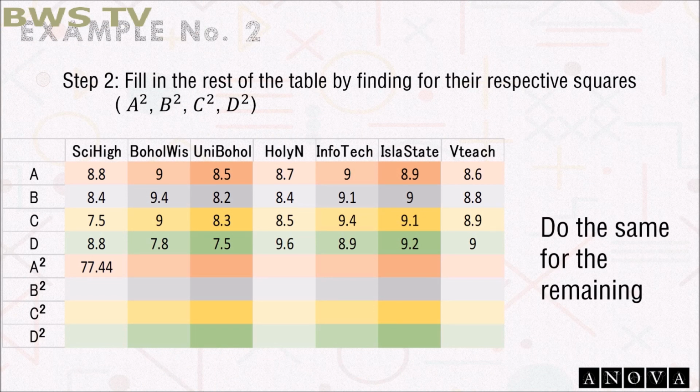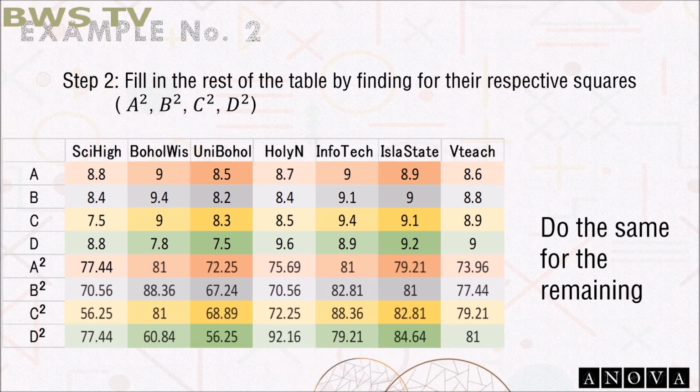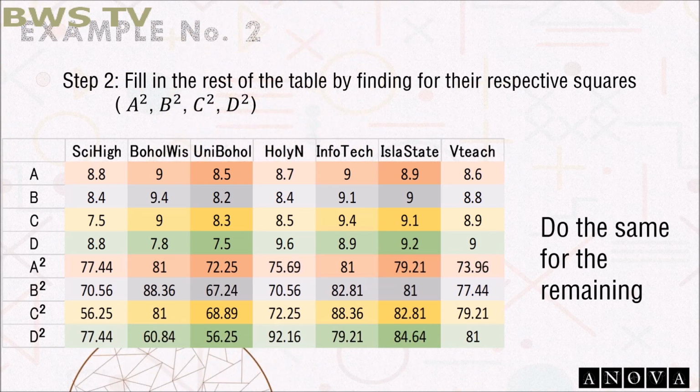Now all you have to do is do the same for the remaining cells. Pause the video if you want to catch up or if you want to check your answers.